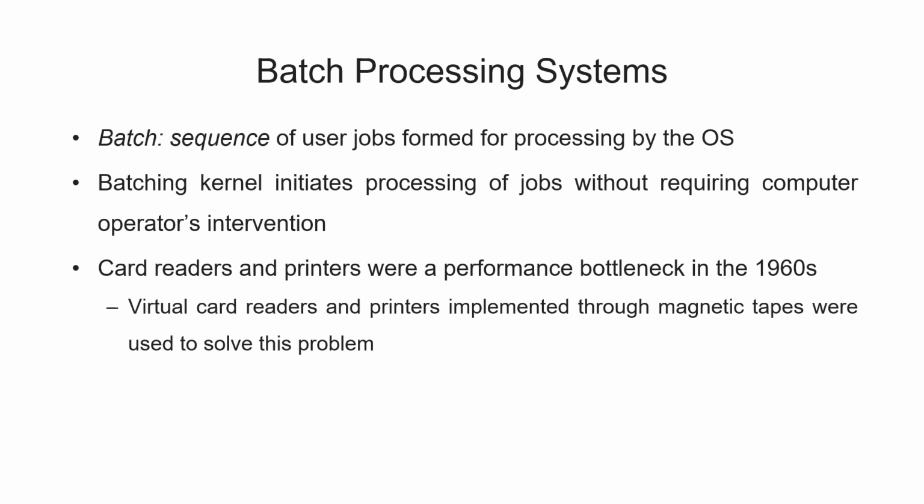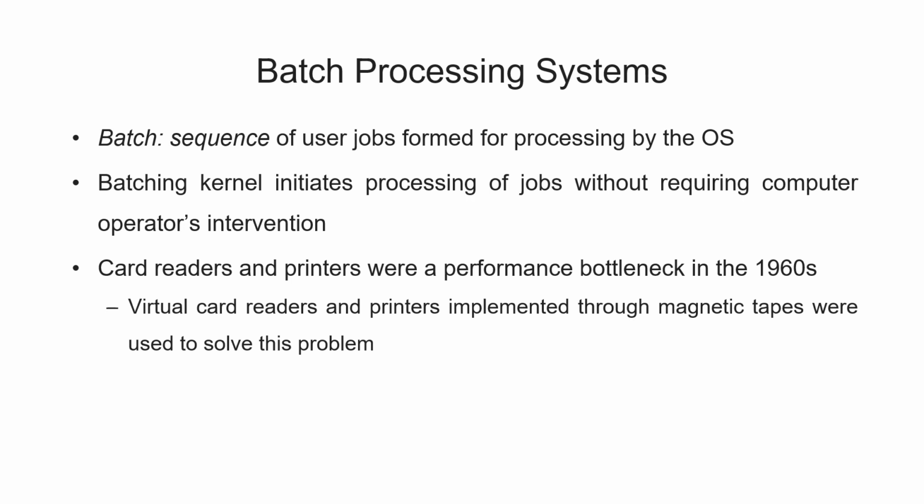During this batch processing operation, there is no need to involve the operator. Operator involvement is not required during batching. In between job changes, it automatically shifts execution from one job to another, without operator intervention.